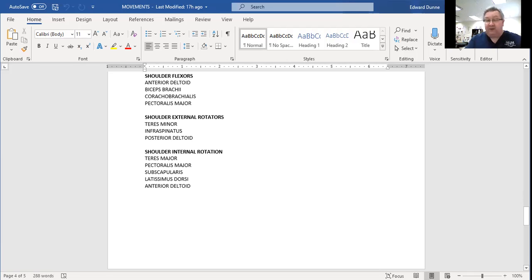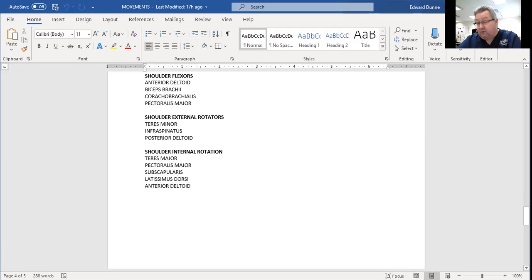So shoulder flexors. We have rotations at the shoulder. We have internal, also known as medial, and we have external, also known as lateral.